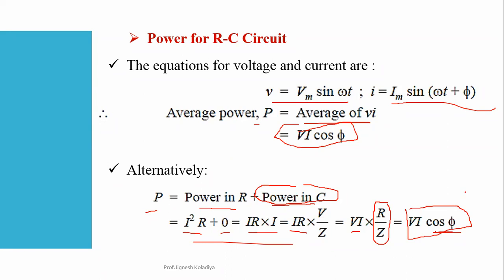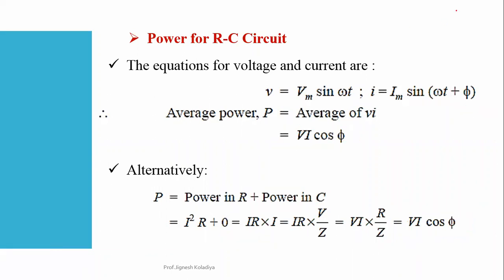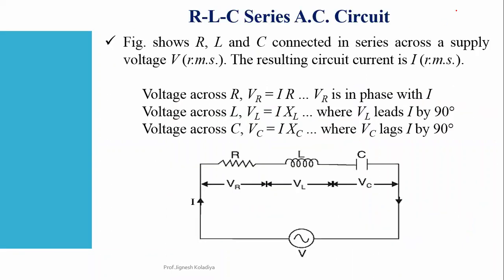So this is another method to obtain the power, and it is very simple. In case of RL series circuit and RC series circuit, in both cases I'm getting the same power output, and this is our active power or real power which you are getting across the load. What happens if I connect all three together, means resistance, inductor and capacitor?